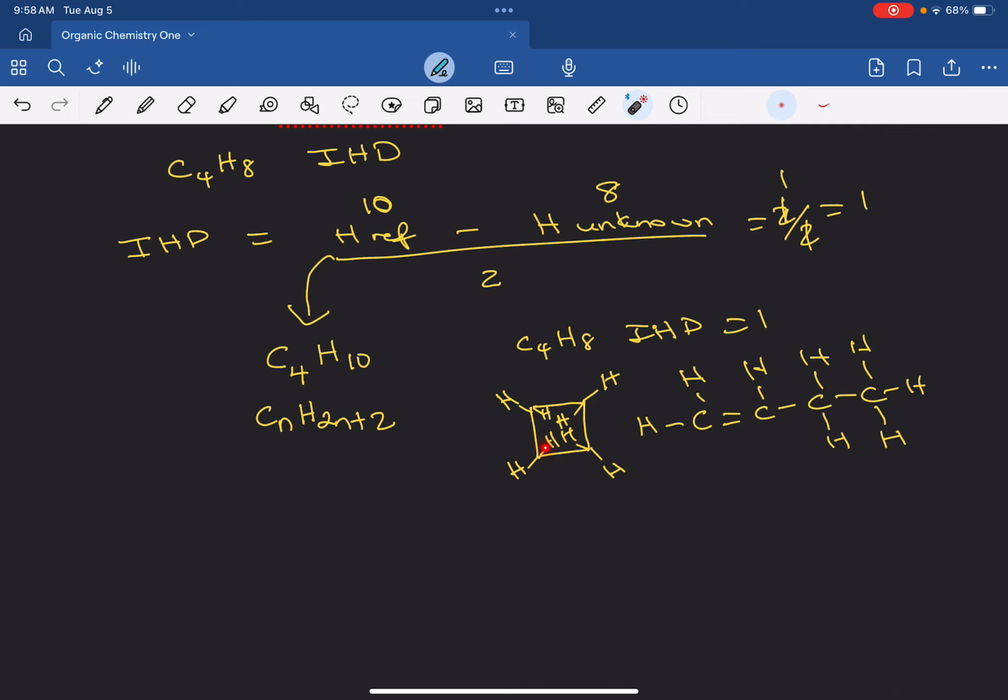The ring in a molecule generally replaces two hydrogens, and it replaces the two hydrogens that is in the alkane with the same number of carbons. So if you have a ring or you have a carbon-carbon double bond, that's why we say you have a hydrogen deficiency, because this double bond, like we like to say, it replaces two hydrogens. The ring replaces two hydrogens when compared to the alkane with the same number of carbons.